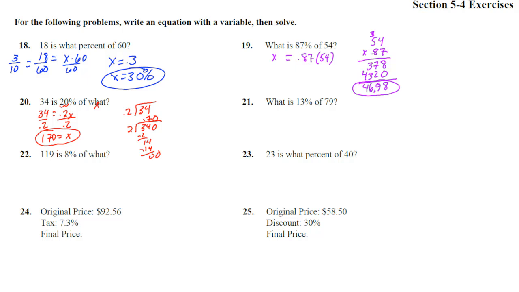Good. Number 21. What is 13%? So that's a 0.13 of 79. So just like number 19, we're going to do this multiplication. Take 79 times 0.13, and we get 3 times 9 is 27. Carry the 2. 3 times 7 is 21, plus 2 is a 23.